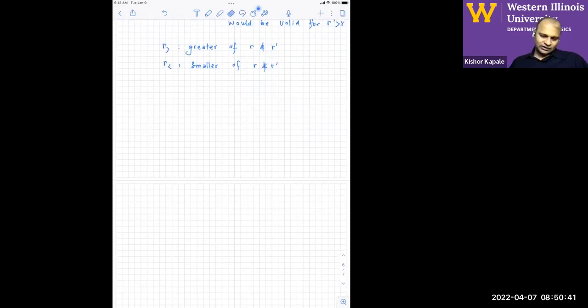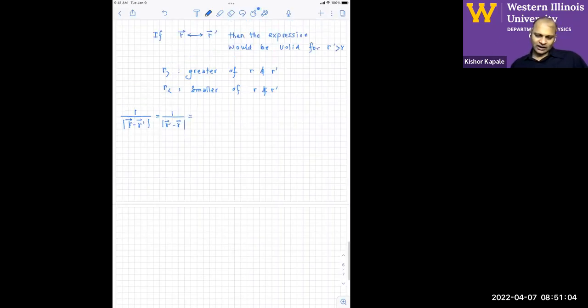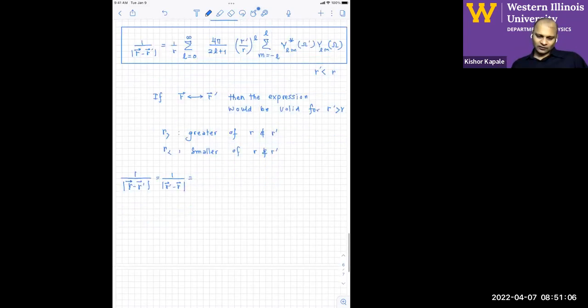So in that general framework, the r minus r prime distance will be the same as the r prime minus r distance. The distance is the same, the order does not matter there, and that's why we are able to combine those, right?